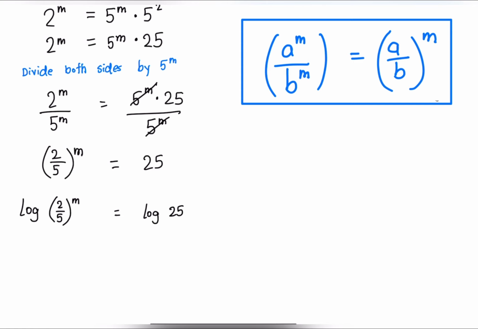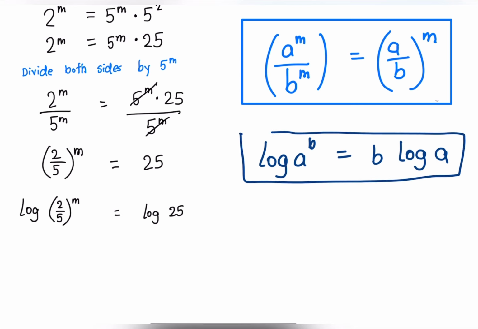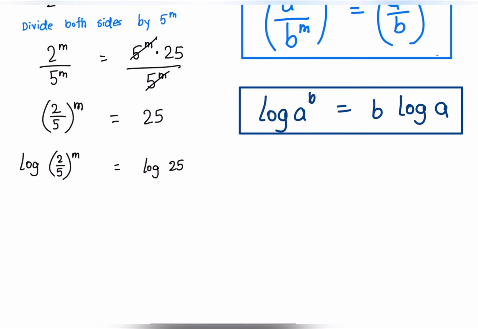If you're familiar with log, then you would know the rule that log a to the power b is the same thing as b times log a. And we're going to be making use of this rule here. We're going to use this on log of 2 over 5 raised to the power m. So this would give us m times log 2 over 5.